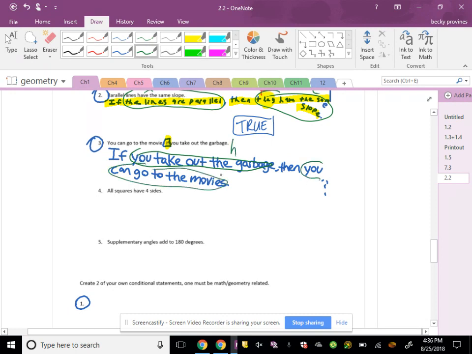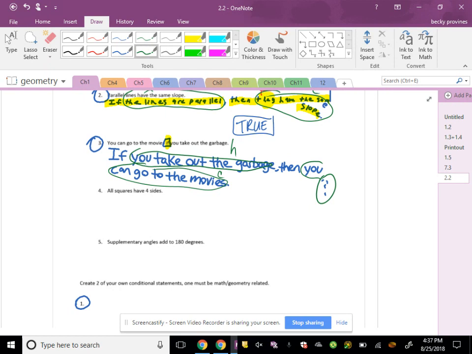Here's the part I have trouble with. Nothing about taking out the garbage has to do with going to the movies. So can you technically prove that true or false? And for this one, I'm going to say no. I put a question mark here. Technically, I can't prove this one true or false because we have no knowledge of if taking out the garbage means you automatically go to the movies.